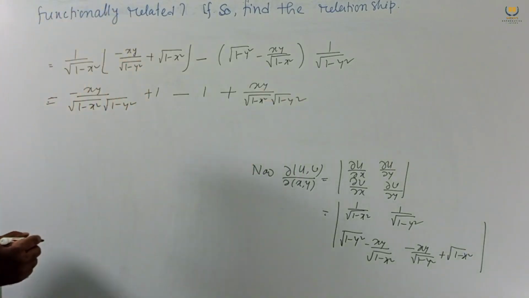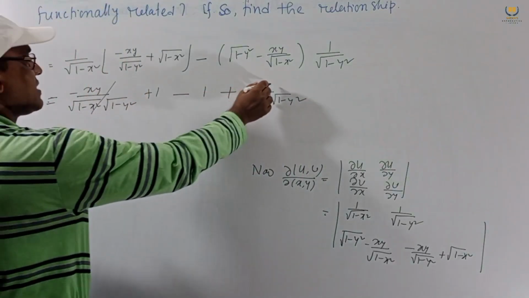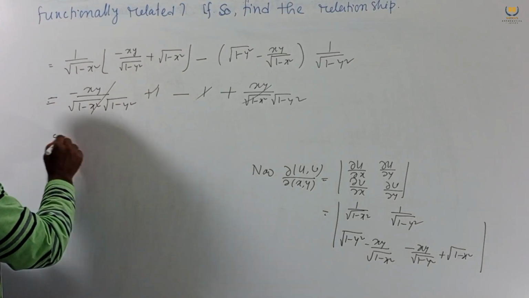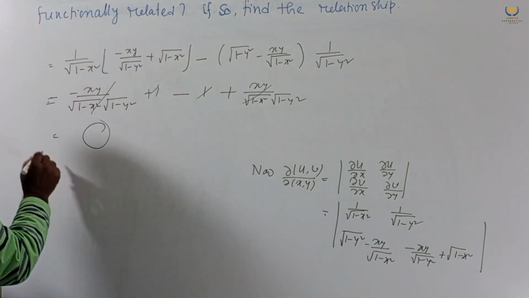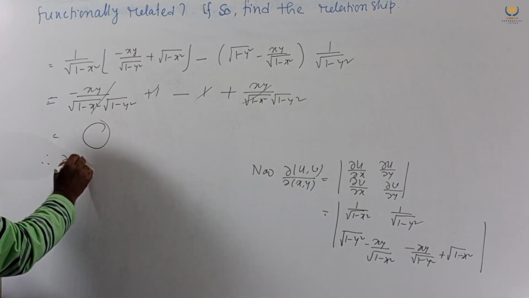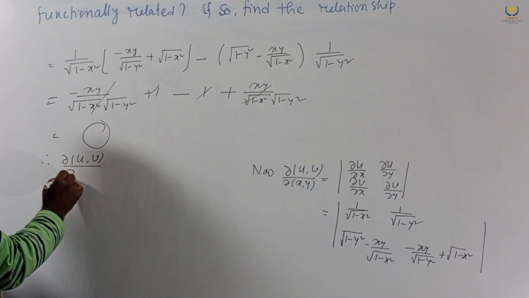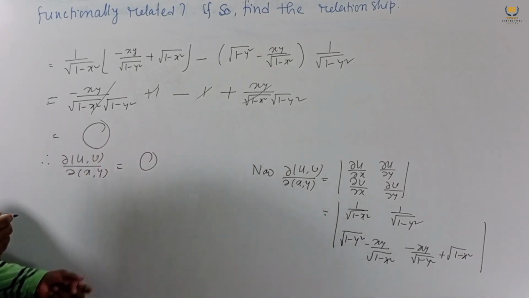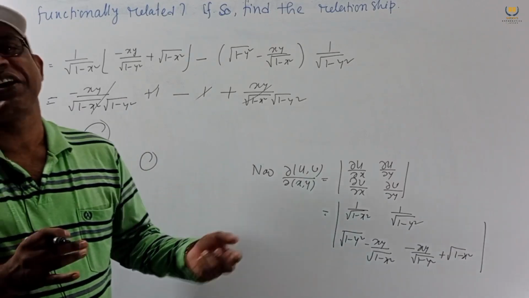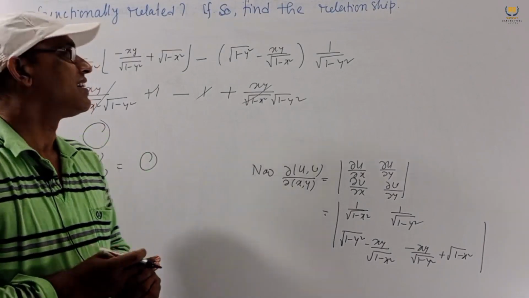So what we get, these are like terms, this will cancel, 1 cancels, we get 0. Therefore del(u,v) by del(x,y) is 0. If this result is 0, then they are functionally related.